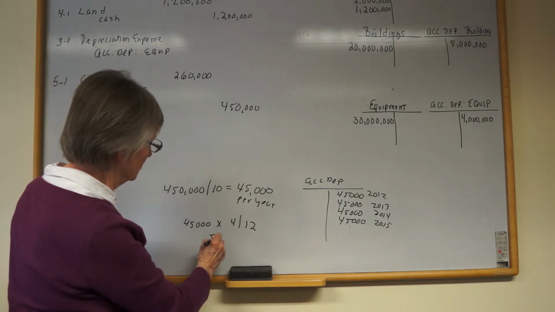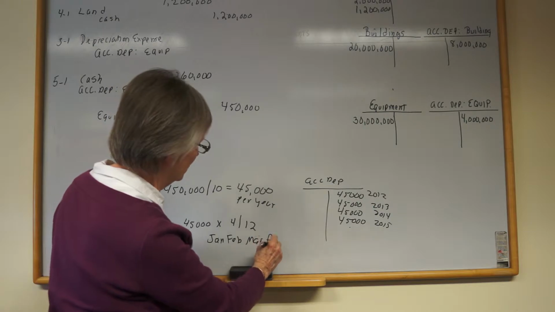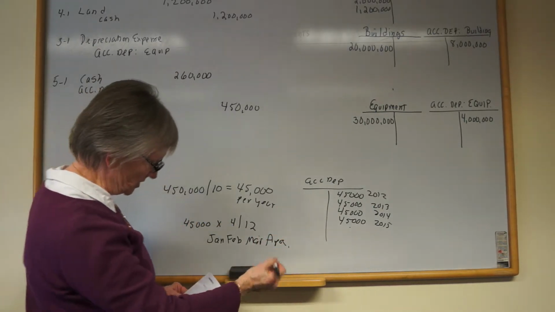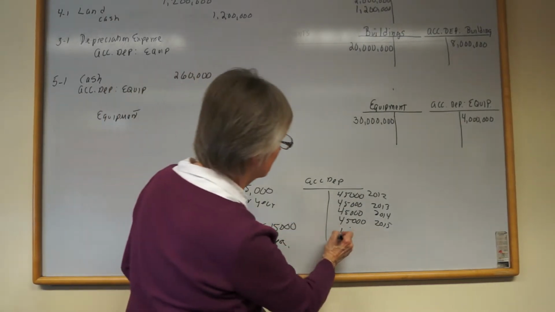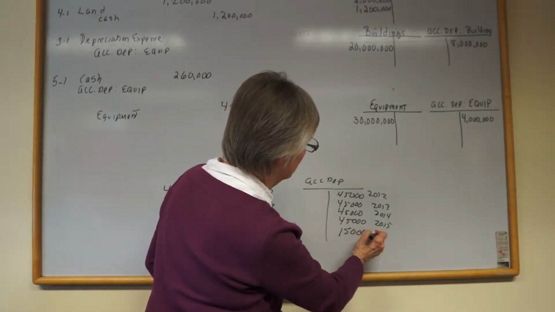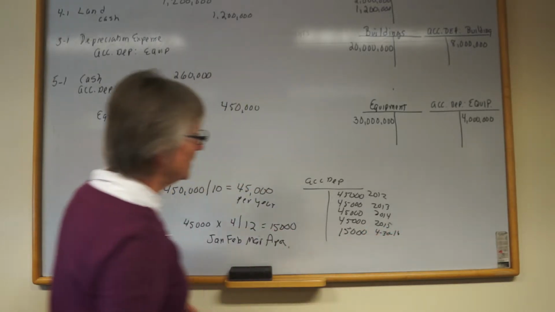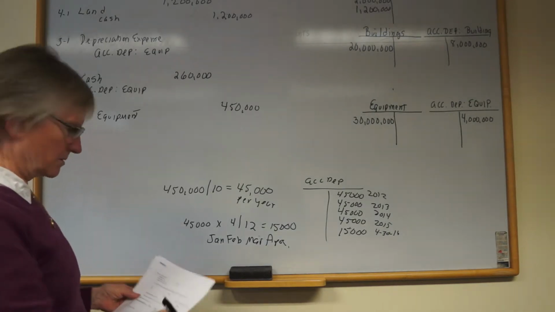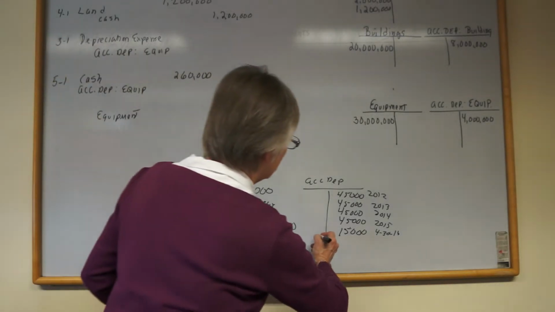That would update January, February, March, and April, and then we're selling it May 1st. So 45,000 times 4/12 is the 15,000 that we have to update this to the date of the sale. So this is as of 4/30/16. When we total that up, we would get 195,000.